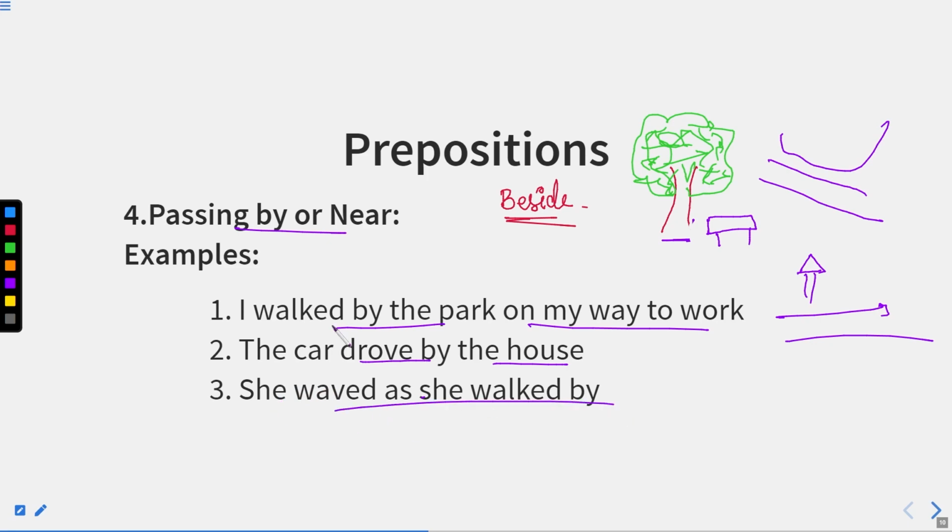It means when she passed near us, when she crossed us, she waved. It means she said hi, or she must be waving her hand. So she waved as she walked by means you are standing over here and she crossed you from this side.